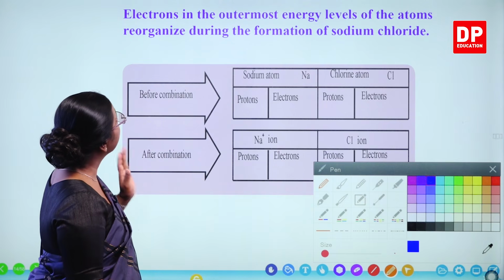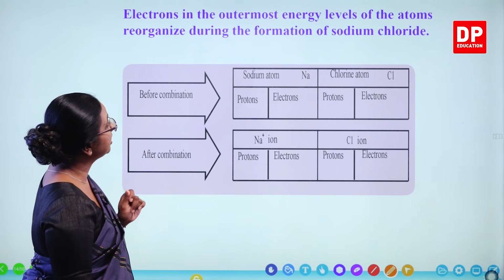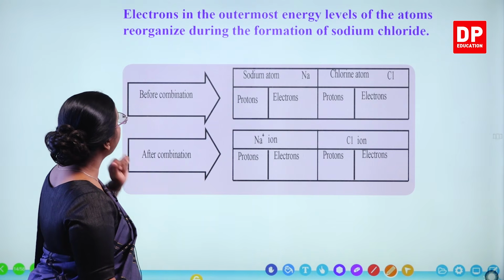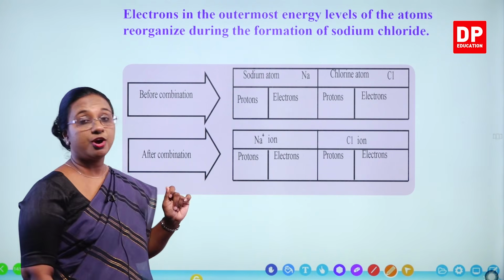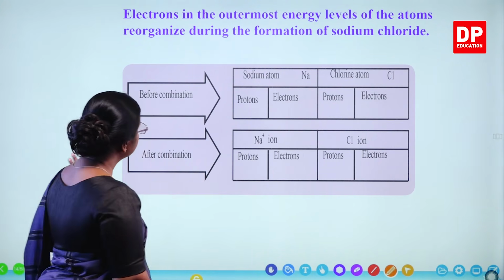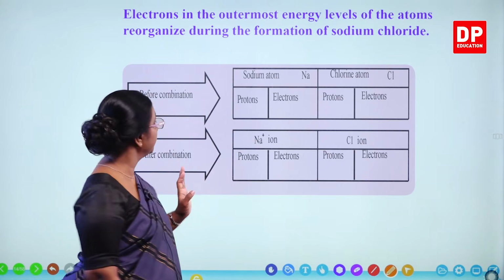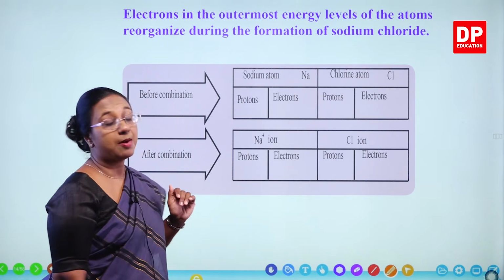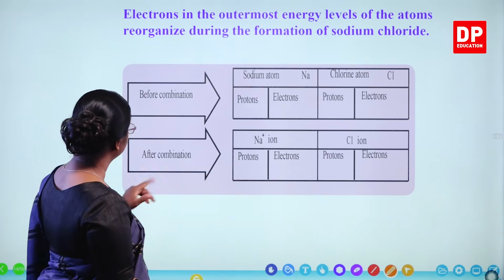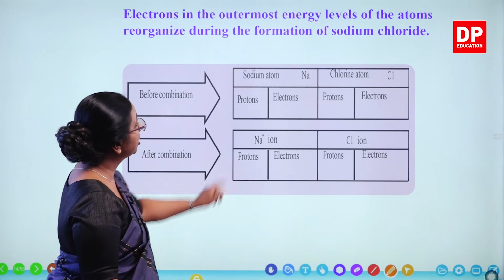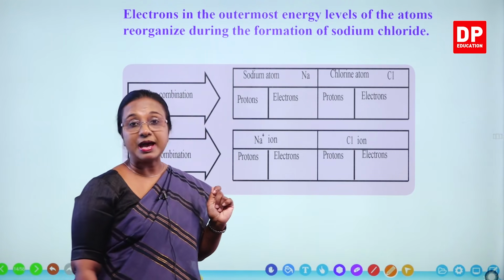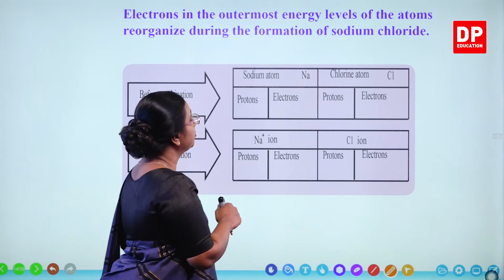So here, electrons in the outermost energy levels of the atoms reorganize during the formation of sodium chloride. So this again is given in your textbook. We will try to fill in the number of electrons and protons. So before combination, sodium is sodium atom. So how many protons are there?